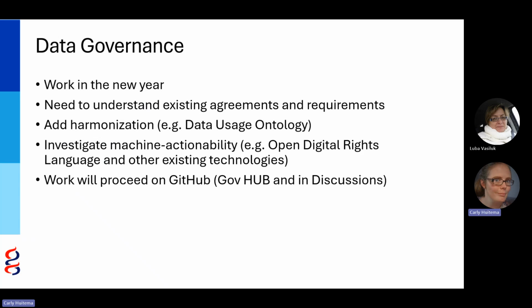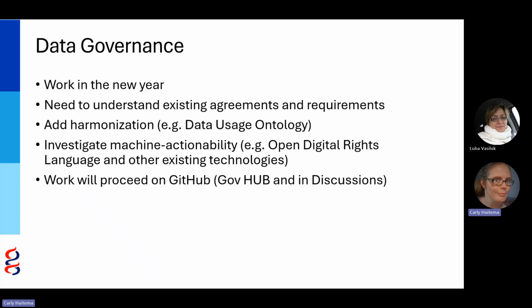So in the new year, what we'd like to do is to understand existing agreements and the requirements, and try to break down what are the components that people are interested in that go into data sharing agreements and data licensing models, and to express that in a machine actionable model. We can draw on existing open digital rights language.